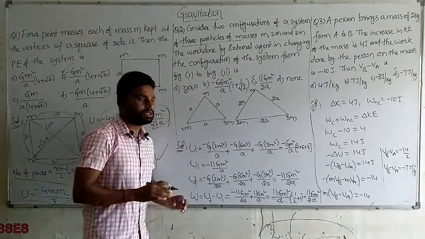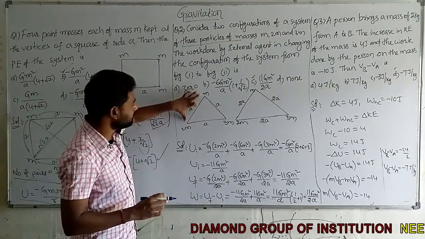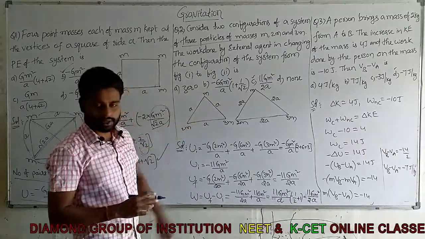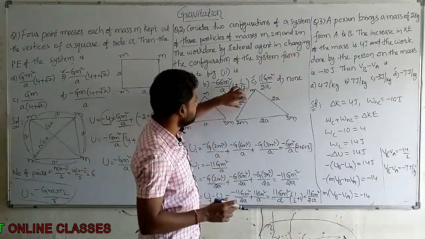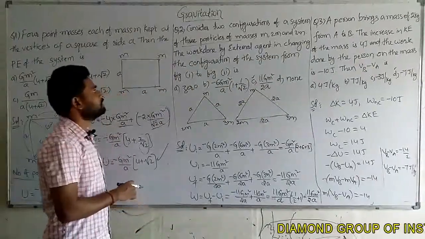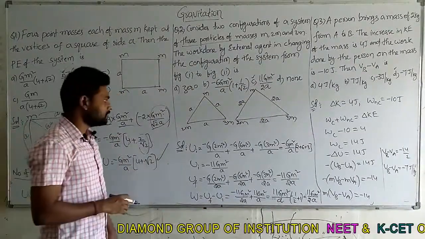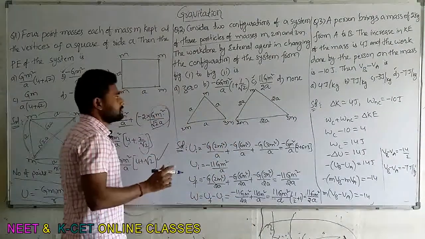So the configuration changed. Initially the distance between the particles is a only. Now the agent did some work and the distance between the particles changed to 2a. So then what is the work done by the external agent, we have to find.